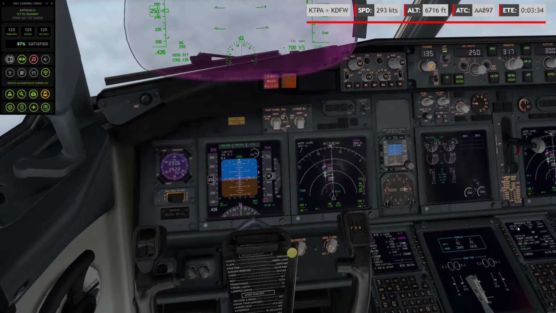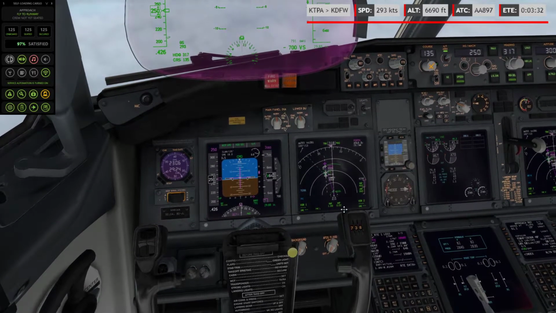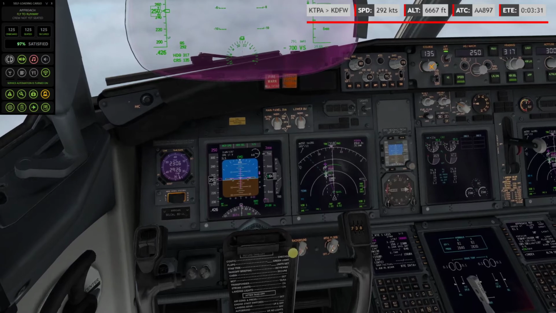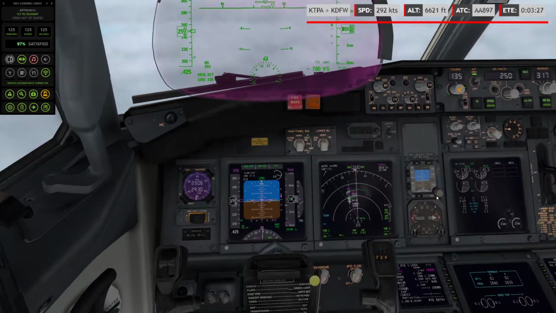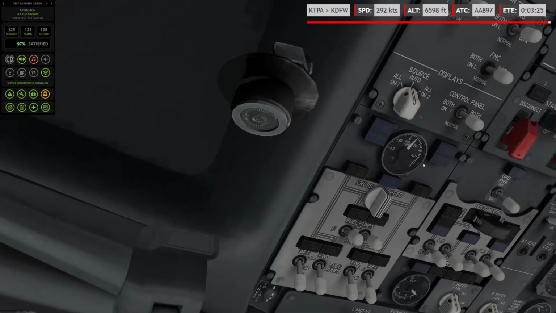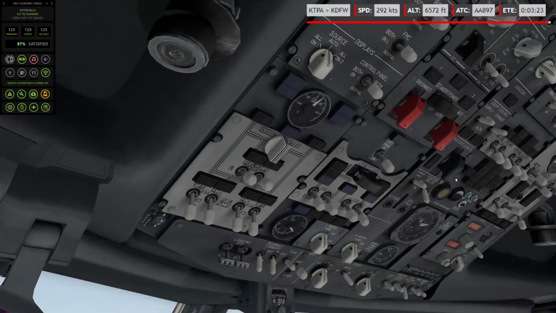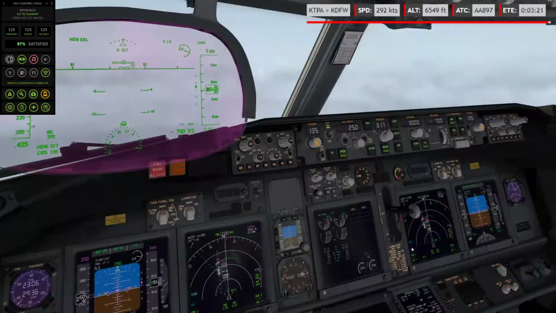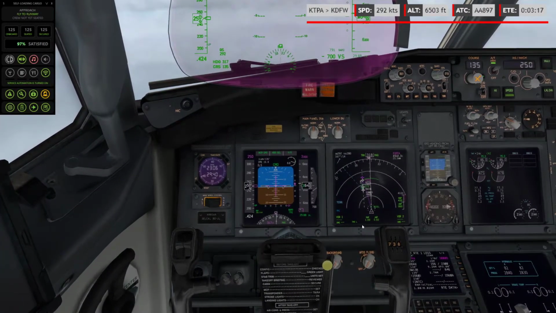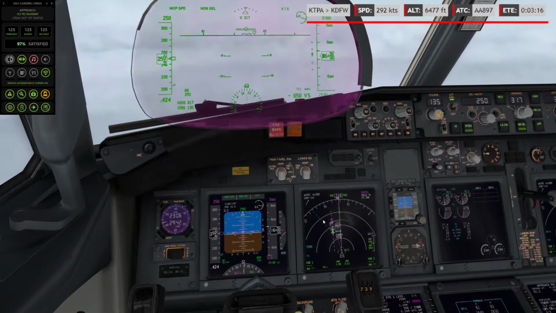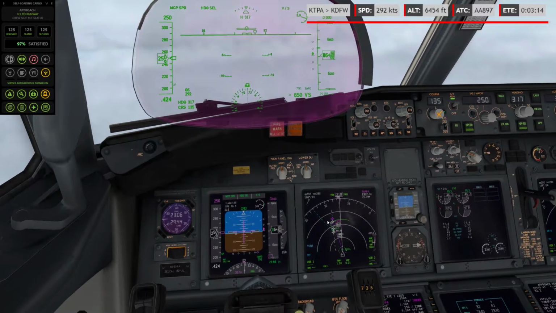So we might be at 61 tons by the time we get to the runway, but yeah, I think 61.1 is about right anyway. So everything is set. We will do the landing checklist once we are on the left base.